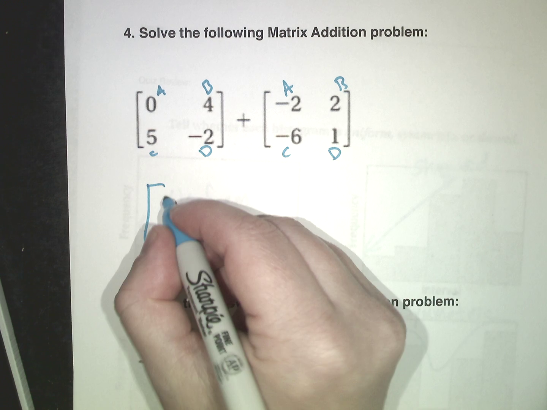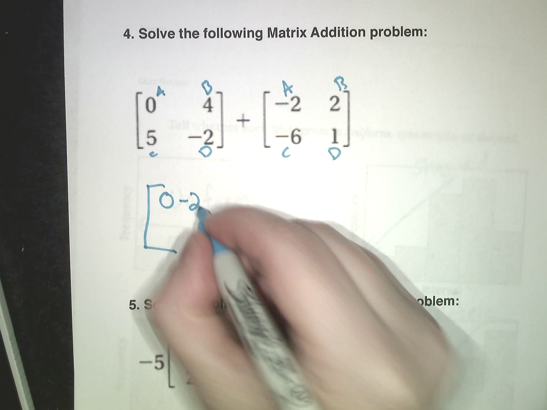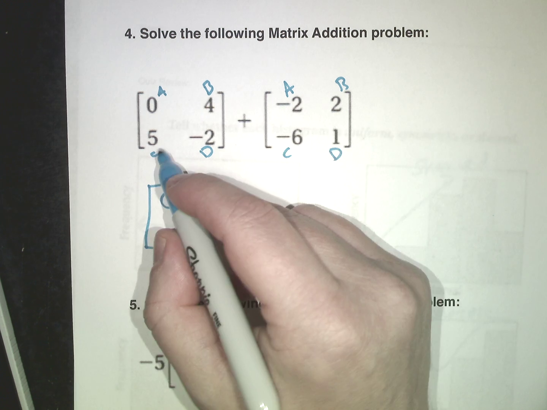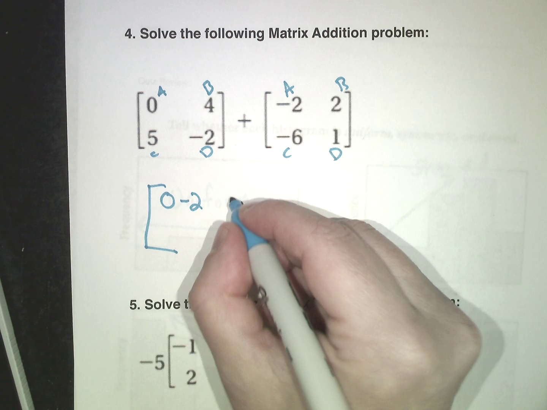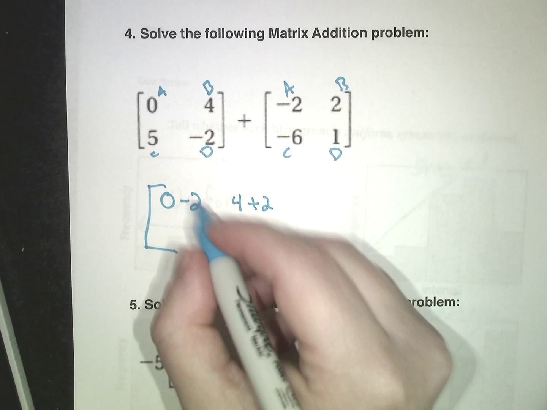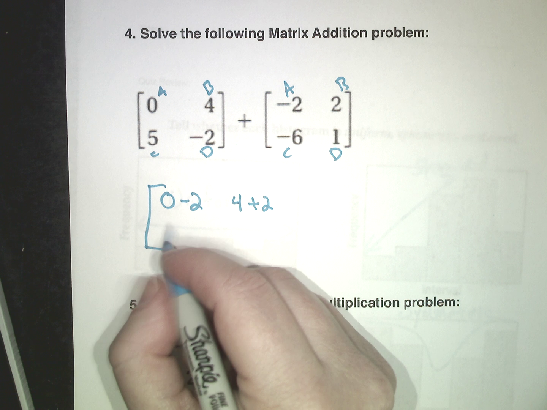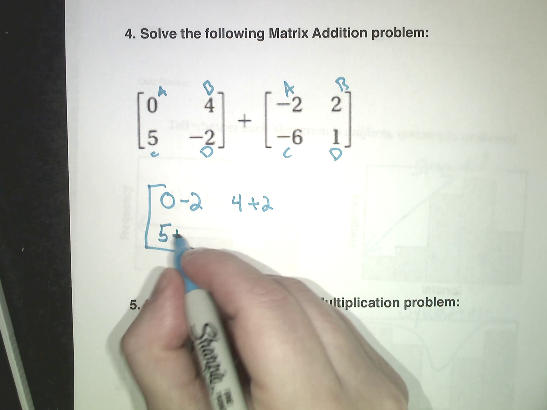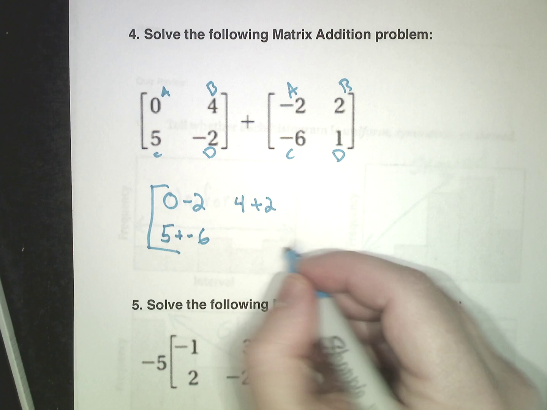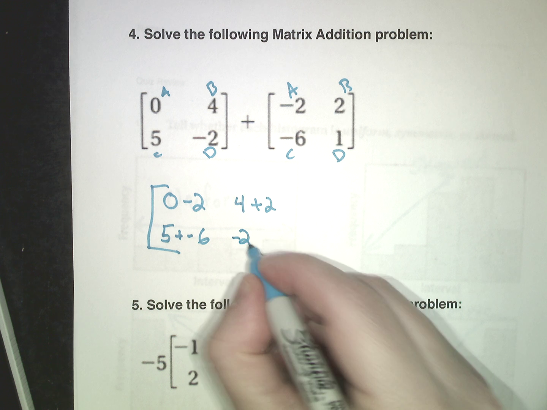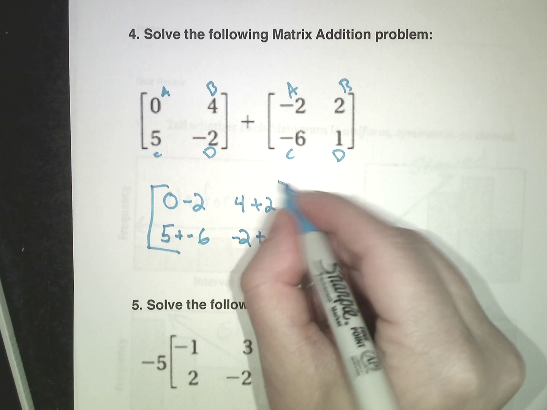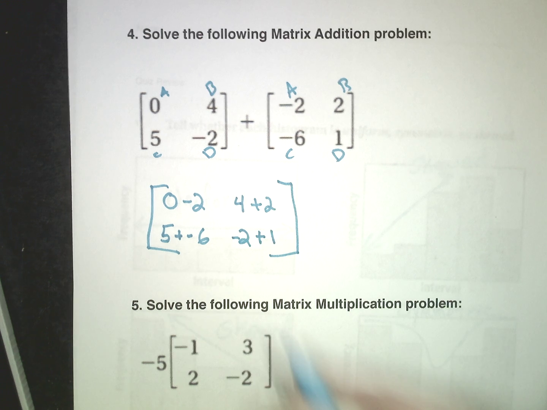A plus A, 0 plus negative 2. B plus B, 4 plus 2. C plus C in the same spot, 5 plus negative 6. And finally, D plus D, negative 2 plus 1. And I do 4 simple math problems.